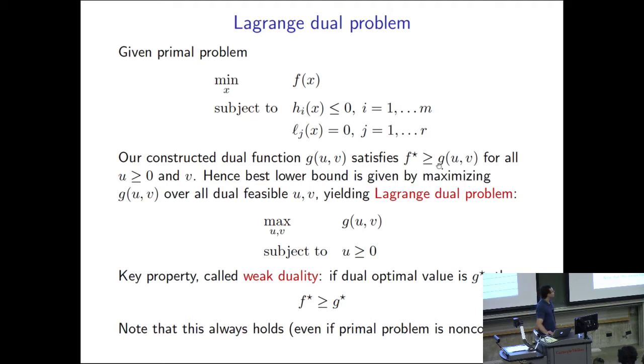And the Lagrange dual problem maximizes this dual function to get the best lower bound possible. Okay, so it's simply max over u, v of g(u,v) subject to u being bigger than or equal to 0. This possibly hides some domain constraints on g, right? This looks rather simple, but remember, g might actually be negative infinity if certain constraints on u and v don't hold.